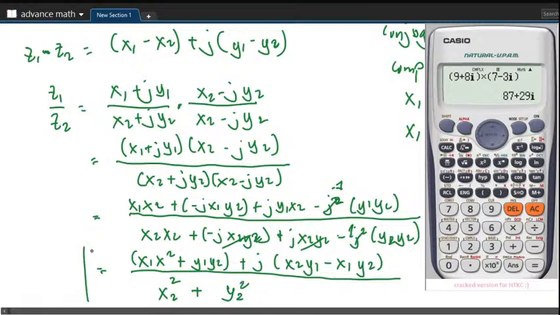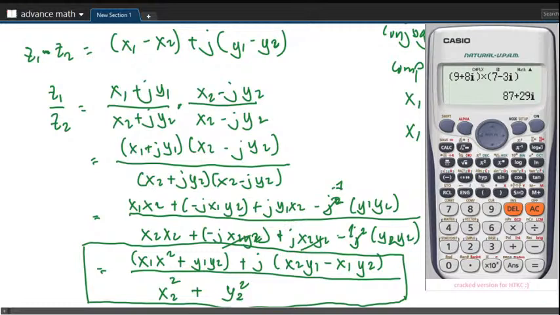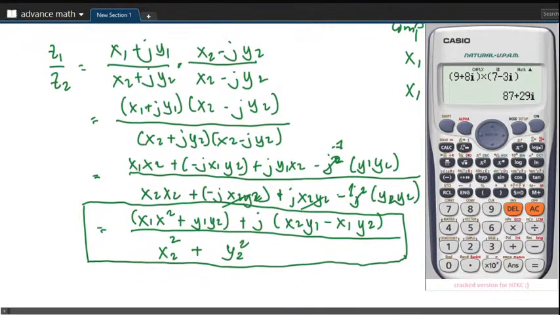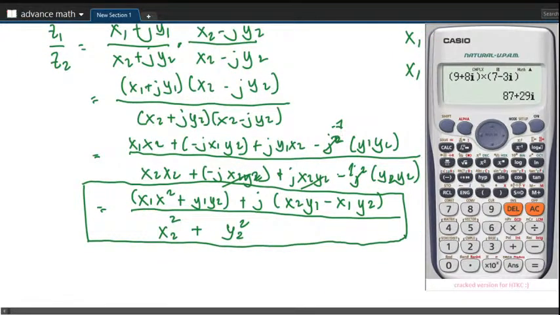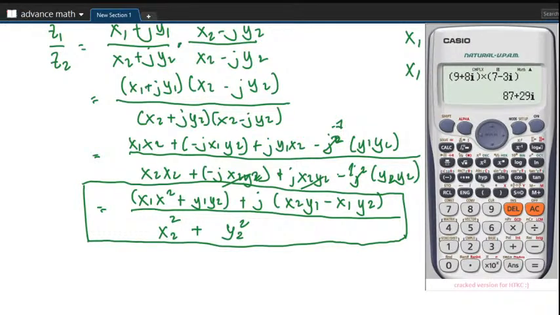This is now basically the formula for the division of two complex numbers. You just use this formula in getting the quotient if you divide two complex numbers.